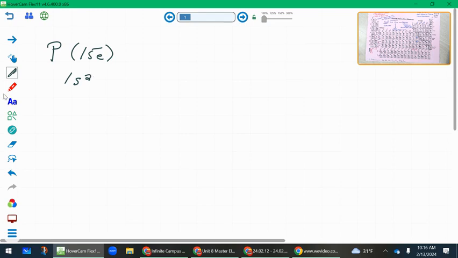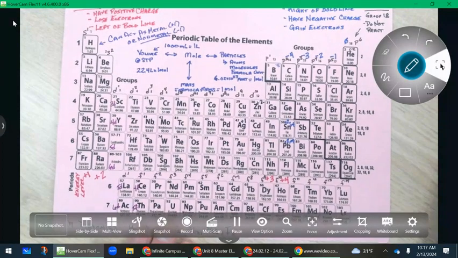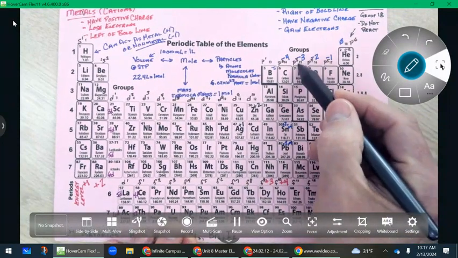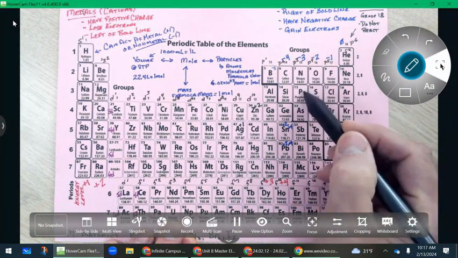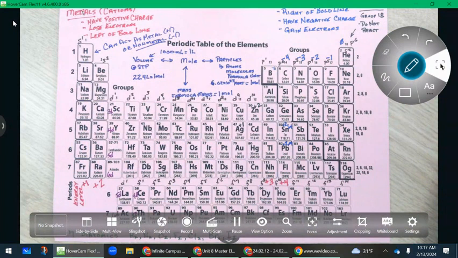What's next? 2s2. 2p6. 3s2. 3p3. Here's phosphorus. It's in the third energy level, group P3, so it has to end in 3p3. Questions?